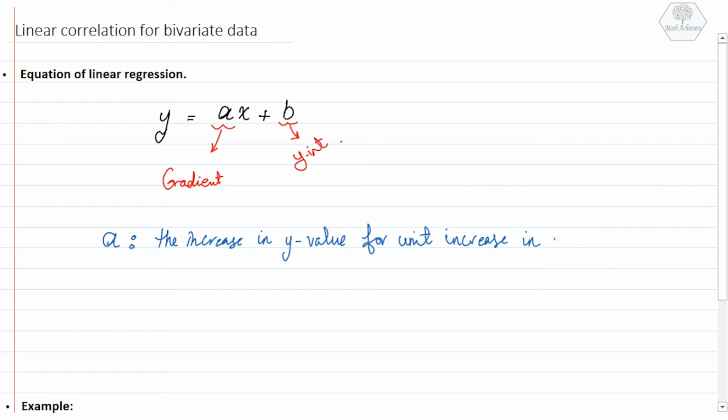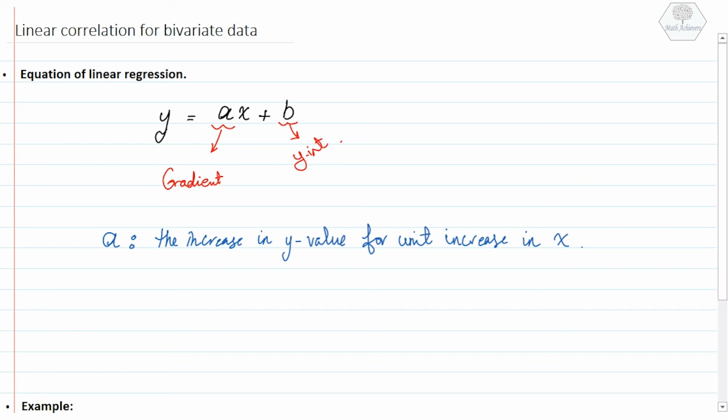Example, if I have an employee's salary modeled against his working hours per month, the value of a, which is the gradient in this case, will be the increase in the employee's salary for each extra working hour he does.